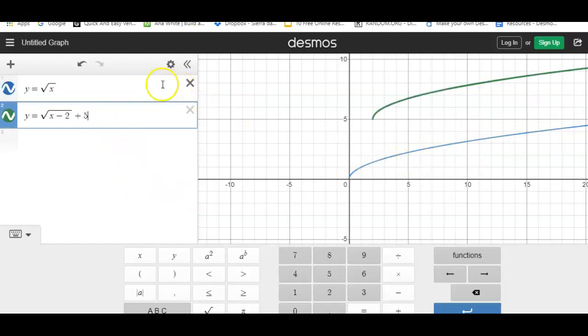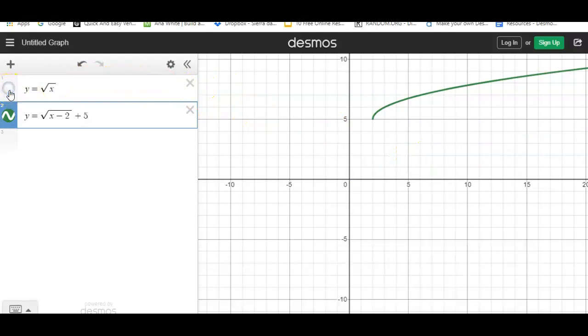All right, again, if I need, I can turn off my parent function if it's in the way, just by clicking on it. But you can see that this green graph is the same as the blue graph, but it's been shifted to the right 2 and up 5. This number under the radical controls the horizontal translation.